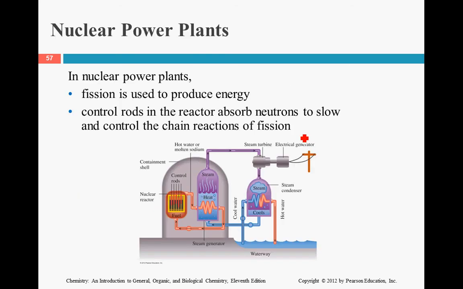Now I mentioned earlier that uranium is what we use in nuclear power plants. Just to give you a brief overview of how nuclear power plants work, here is where the nuclear reaction actually occurs. As we said before, the uranium is bombarded with a single neutron, and then when that happens, three more neutrons are given off.